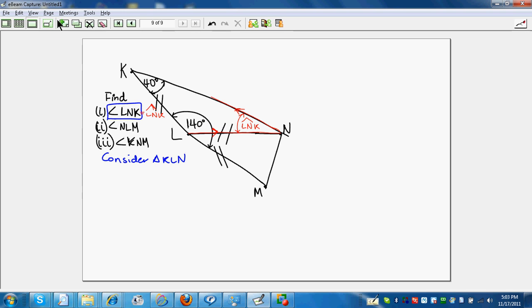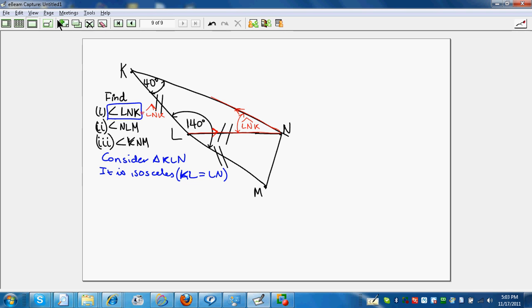So consider triangle KLN. It is isosceles, right? And it is isosceles because KL is equal to LN.